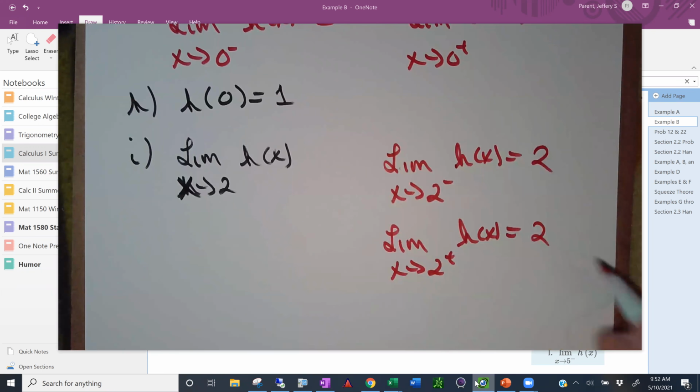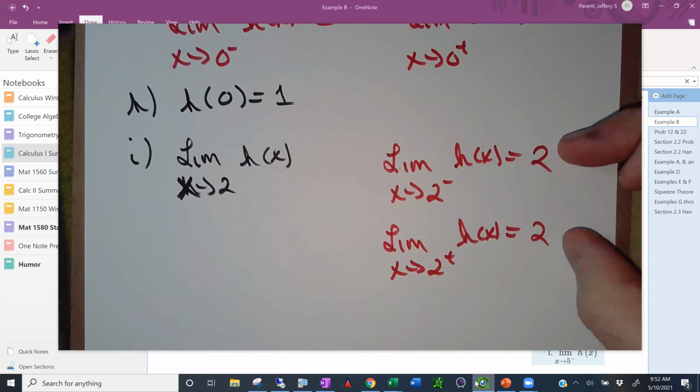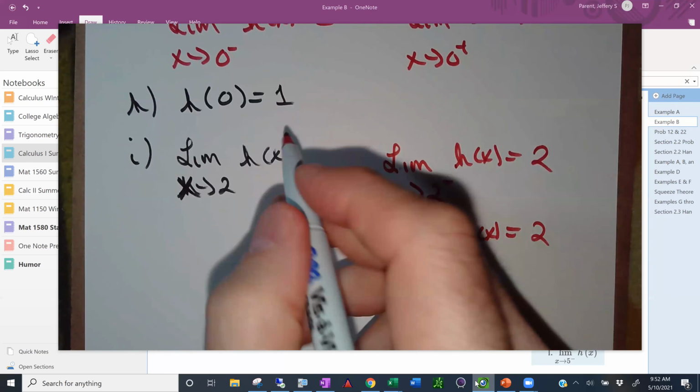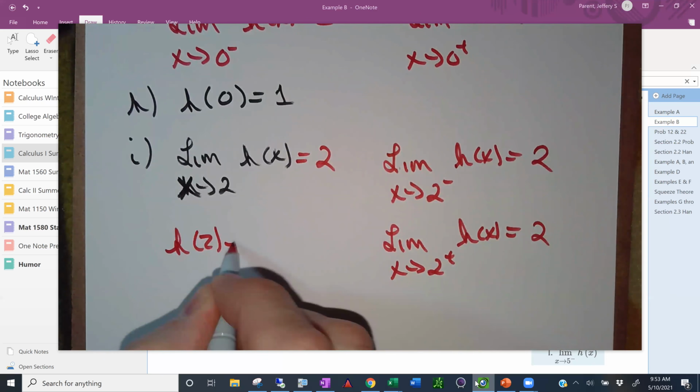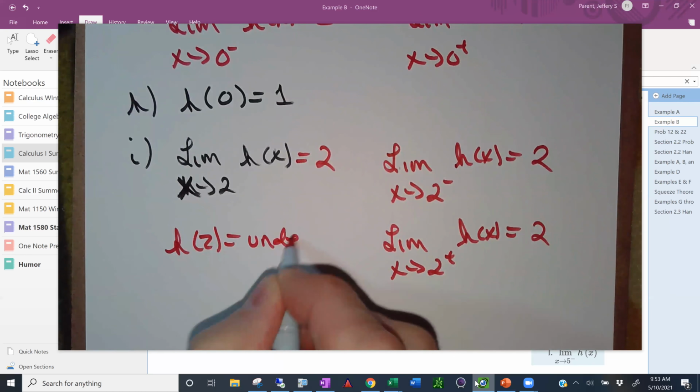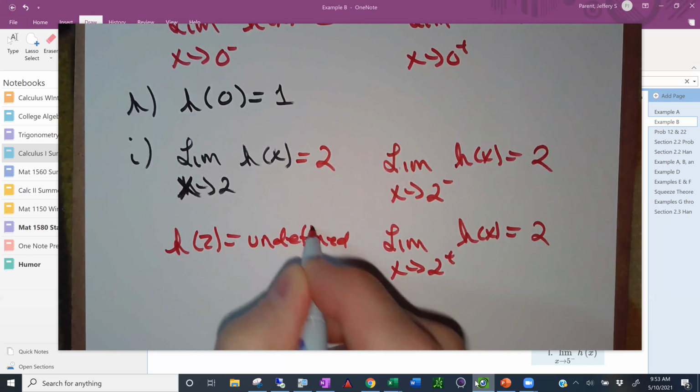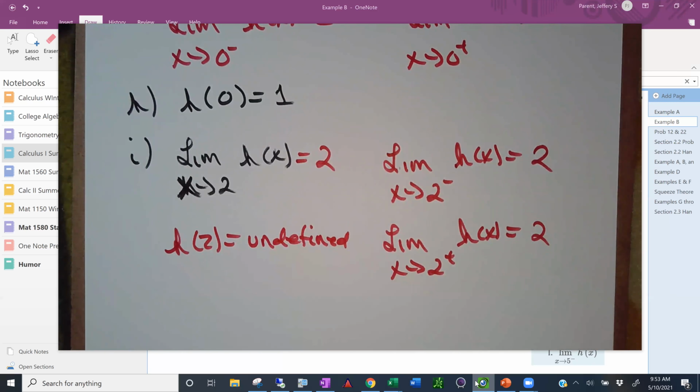The limit from the right is 2. And only when both of these exist and are equal can you fill in that one. Say, all right, the limit is 2. Now, it doesn't matter exactly if the function is defined here or not. In fact, h of 2 is undefined. That's okay. Its limits still exist. And that's the important part.